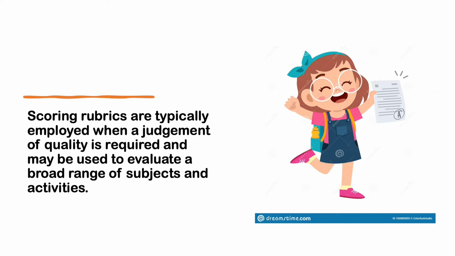Scoring rubrics are typically employed when a judgment of quality is required and may be used to evaluate a broad range of subjects and activities. For instance, we will use a scoring rubric in grading essays or in evaluating projects such as scrapbooks and so forth. Judgment concerning the quality of a given writing may vary depending upon the established criteria. Let us take a speech for example.